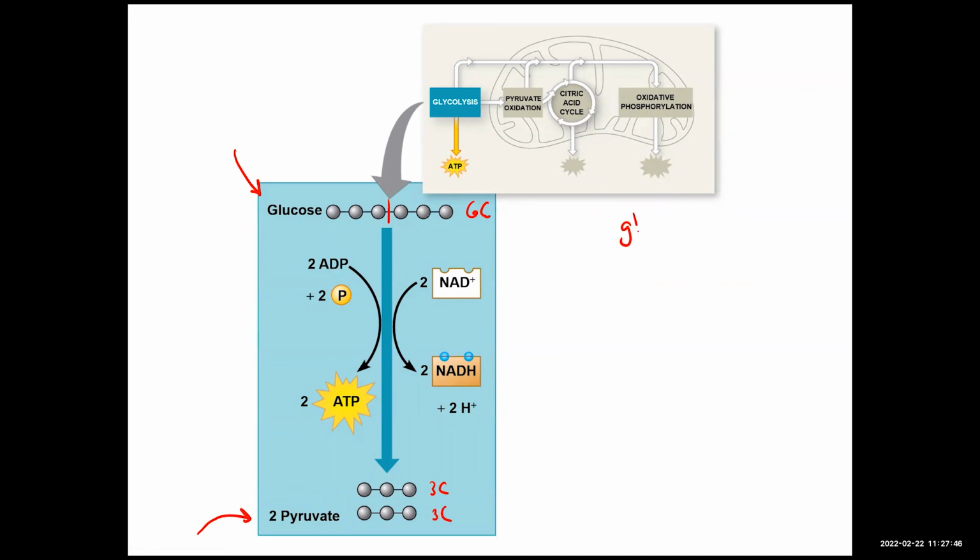Another way to think about it is this. You could say glucose is up here. We're going to get to 2 G3P. This is going to cost us some energy. Then from there, we're going to produce pyruvate.